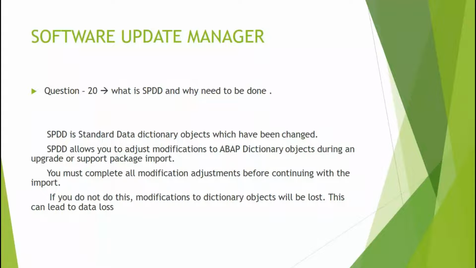You have to align an ABAPer there, and the ABAPer will take all the confirmation from the functional teams, and if they are good to go with the newer version, they can do the modification.